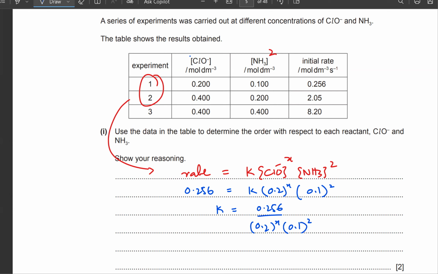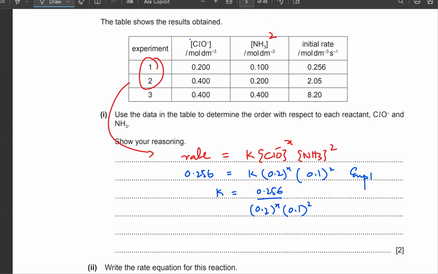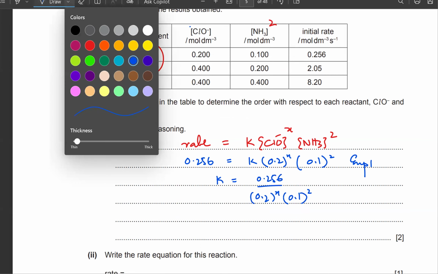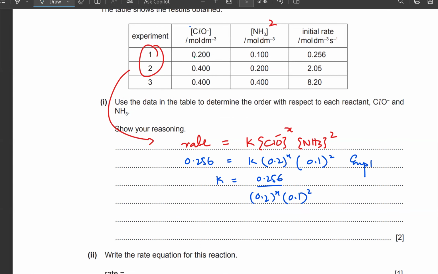So remember, this is experiment 1 values. Now I'm going to plug in these values and use experiment number 2 data.